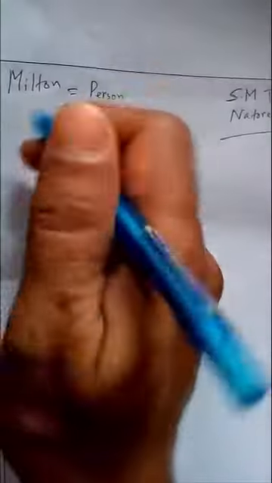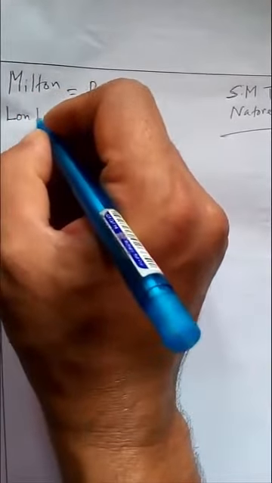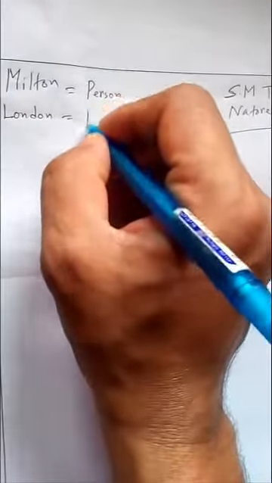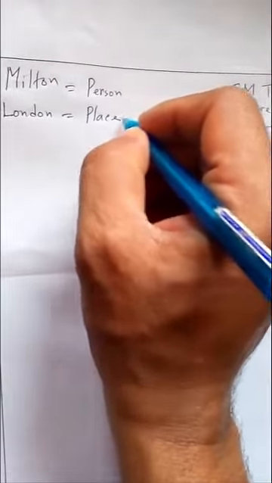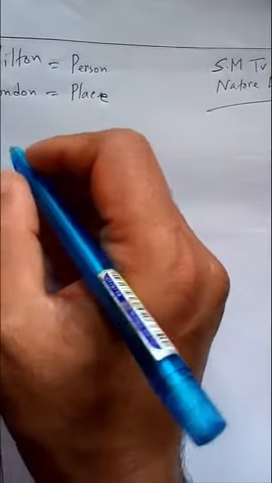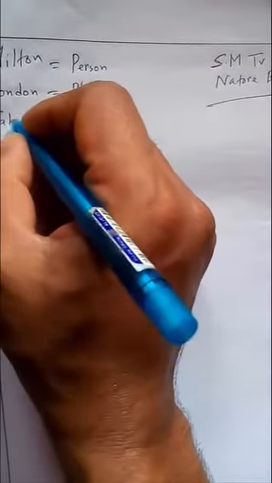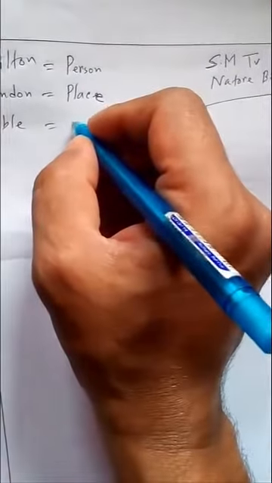The place, for example, London. This is a place. And if you think that there is a thing, table. So this is a thing.